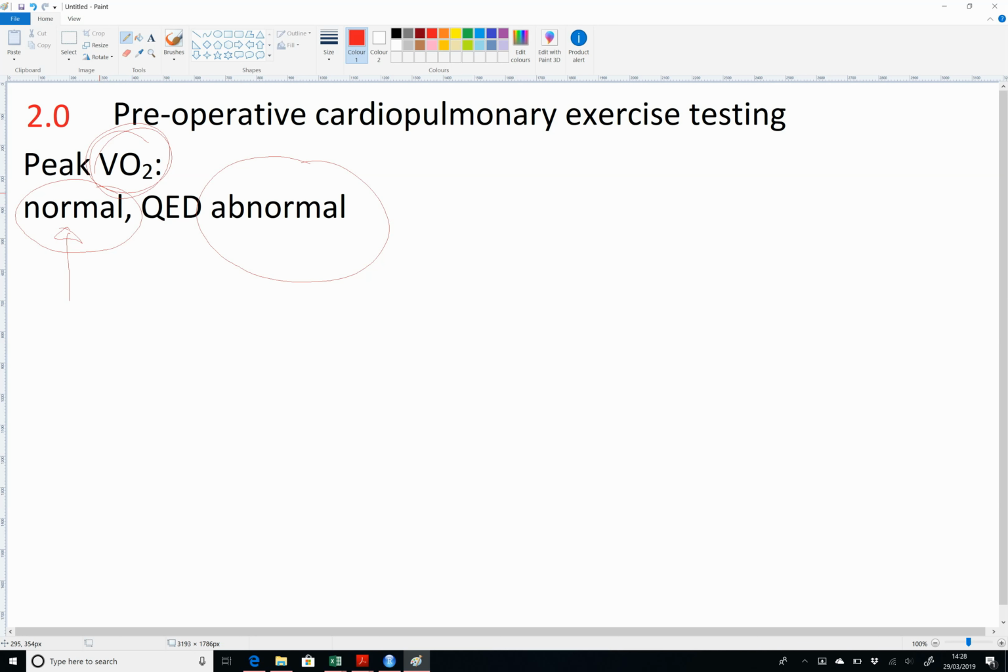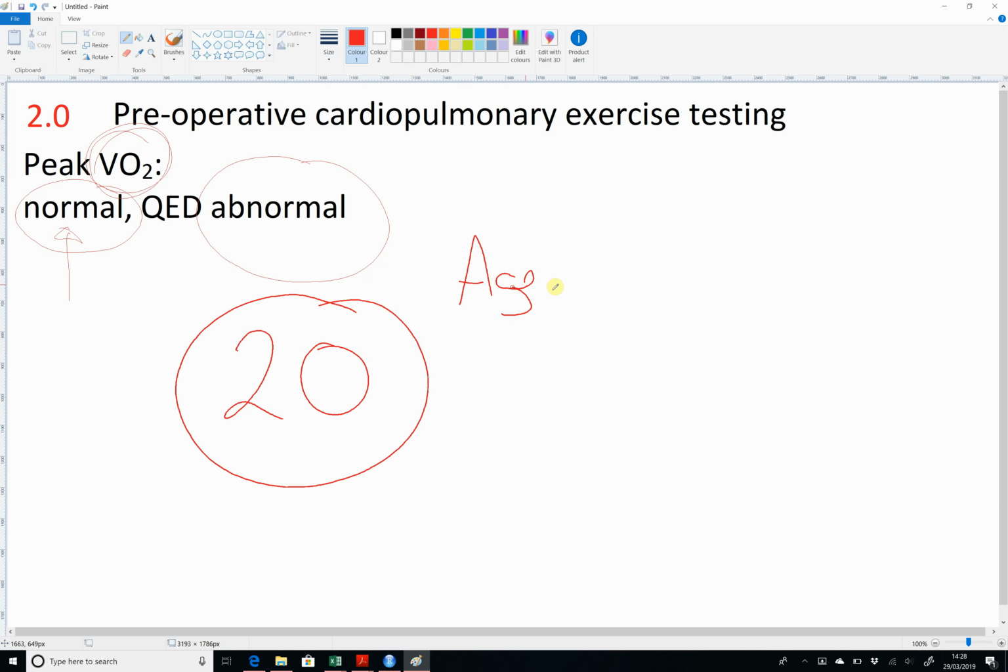Therefore, it would be no surprise to you to learn that there are at least 20 equations that take the patient's characteristics, which usually include age, sex, and might, but not always, include height and weight. And these variables together are combined to generate a predicted value.